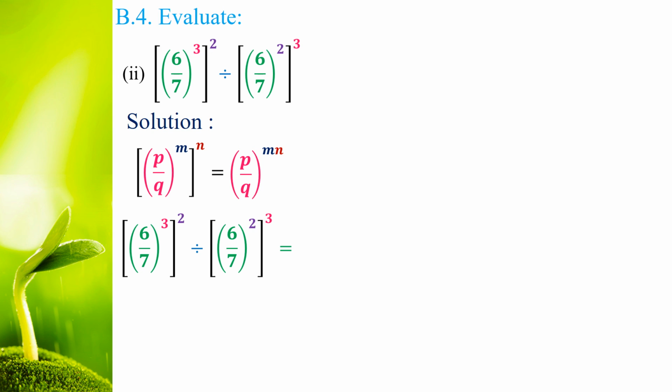So 6 by 7 to the power 3 whole power 2 divided by 6 by 7 to the power 2 whole power 3 equals, place the same base 6 by 7 and then multiply the powers, 3 into 2, divided by, place the same base 6 by 7 and then multiply the powers, 2 into 3.